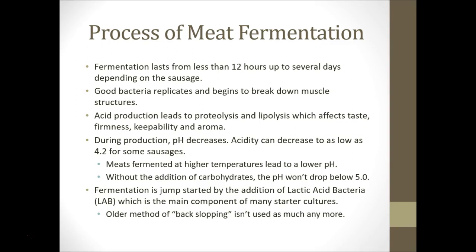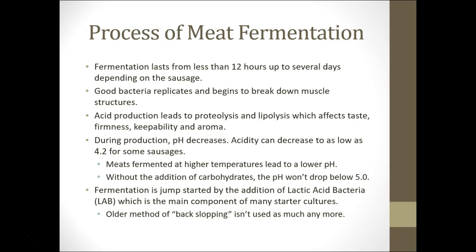So during production, typically our pH is going to decrease. The average is going to decrease to about a pH of 5. Sometimes the acidity can decrease to as low as 4.2 for some sausages.